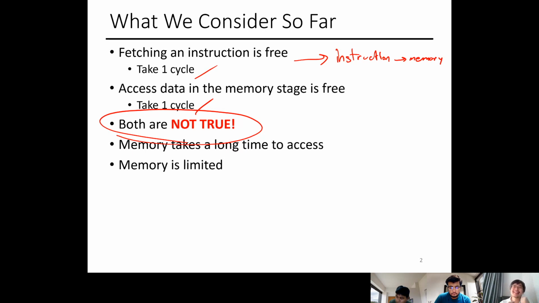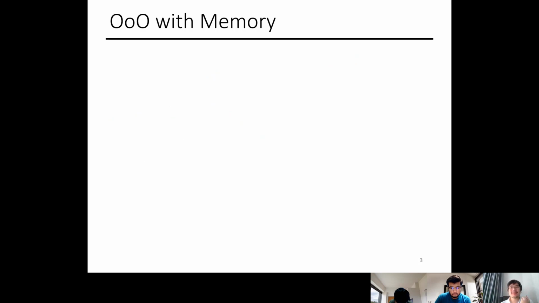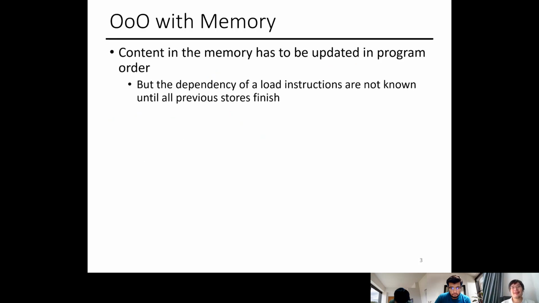There are certain things done to make sure you can feel that your memory is bigger, and there are certain bottlenecks that come with that. So out of order with memory basically means that when you have a load store instruction, the content in the memory has to be updated in program order. Again, this is in-order program processing. Basically, you want to make sure you finish things in order.